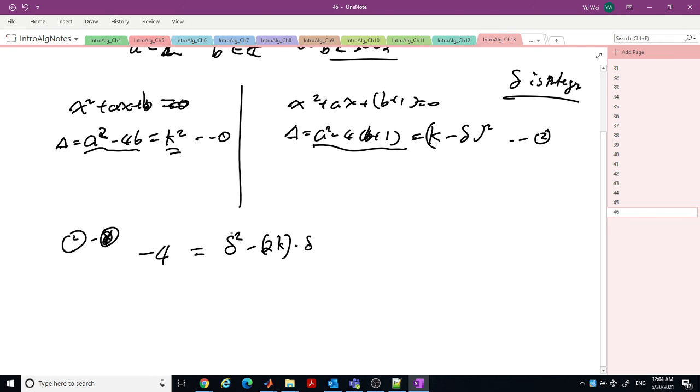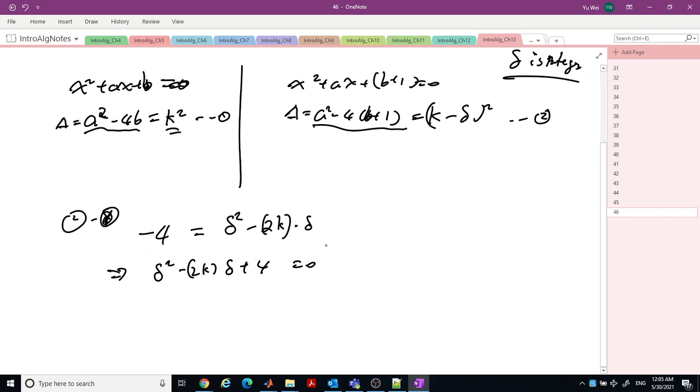So now we have a quadratic term for delta, right? We try to solve this delta. So it's delta squared minus 2k delta plus 4 equals 0. Now let's try to solve it, okay? So we have the discriminant 4k squared minus 16, right?